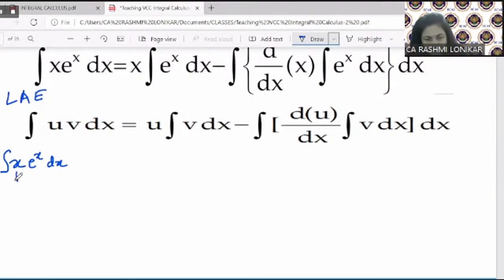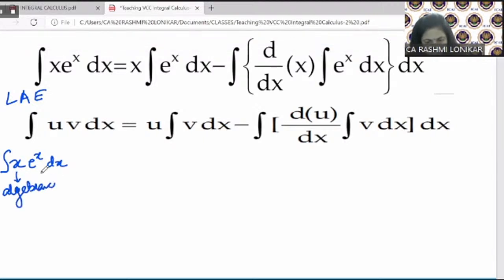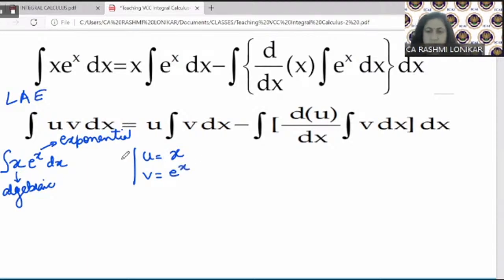What is x? x is an algebraic function. What is e raised to x? It is an exponential function. So is algebraic coming before exponential? Yes. So we don't have any problem. So here u will be equal to x and v will be equal to e raised to x. So u is x, which is the first function, and v is e raised to x, the second function.